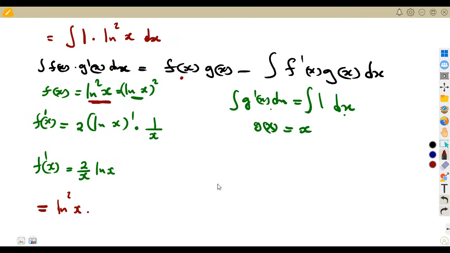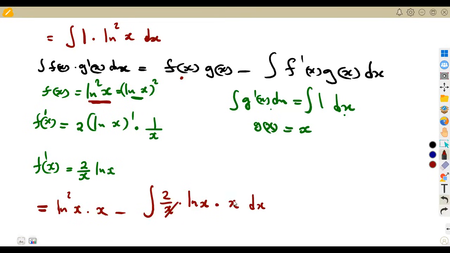Our gx is x. So that's x minus the integral of the first derivative with respect to x, which is 2 over x by ln of x times gx dx. Our gx is x, so this will be x dx like this.